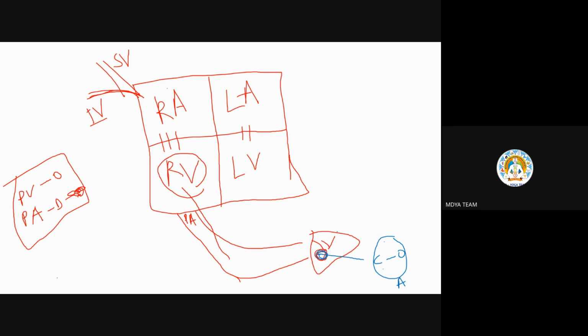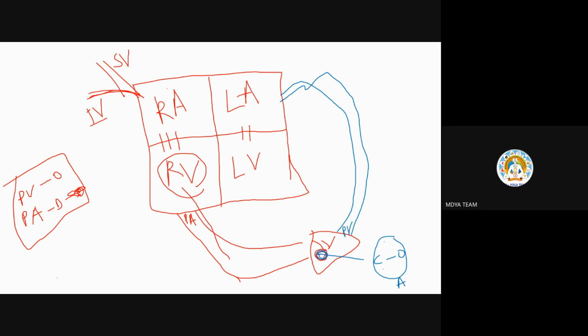Now the oxygenated blood will go from the lungs into our left atrium. Through which artery or vein? Through pulmonary veins, very good. So I will write here pulmonary veins.